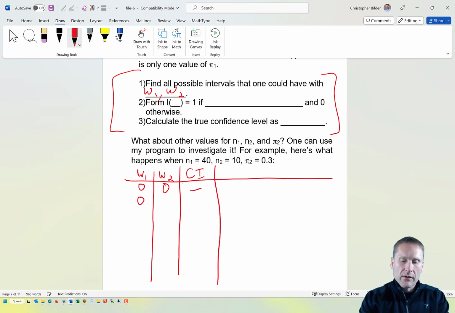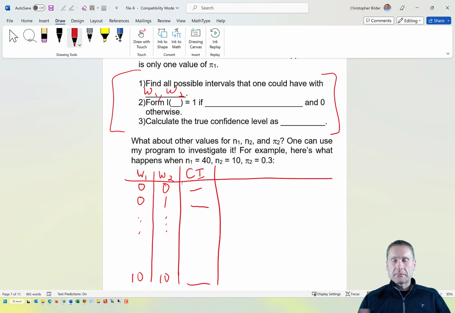Then W1 is 0, W2 is 1, I find that corresponding confidence interval, and I keep on doing this until I reach N1 and N2, meaning I have all successes for group 1 and all successes for group 2, and I find that confidence interval. That's all I would need to do. So in this particular case, since there are 11 unique values for W2 and also for W1, there are 11 times 11, or 121, different possible combinations of these W's.